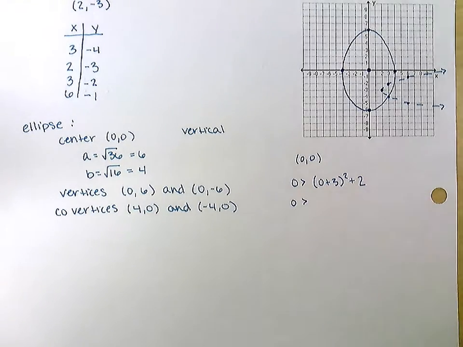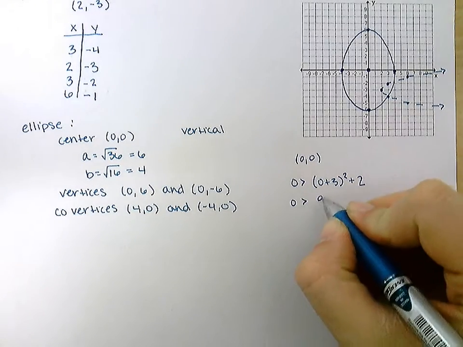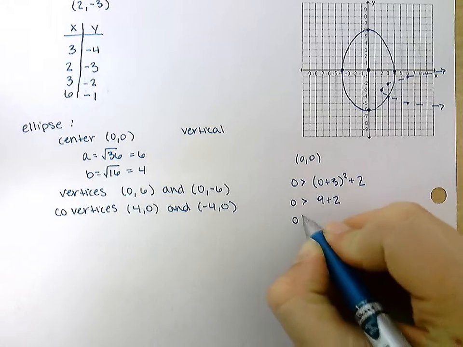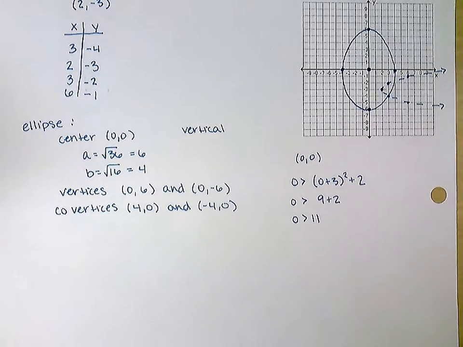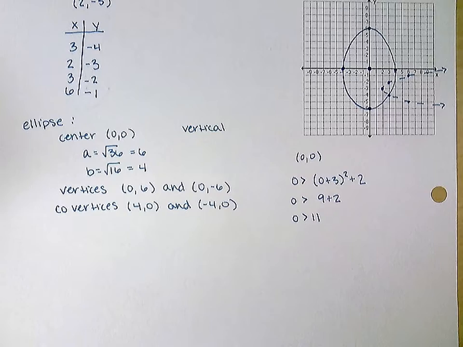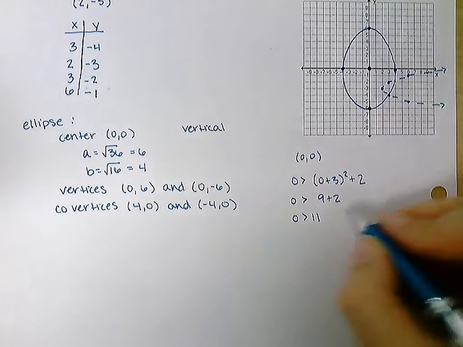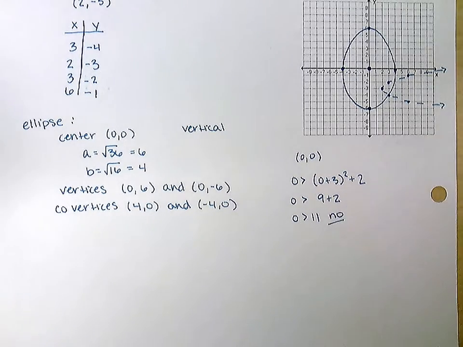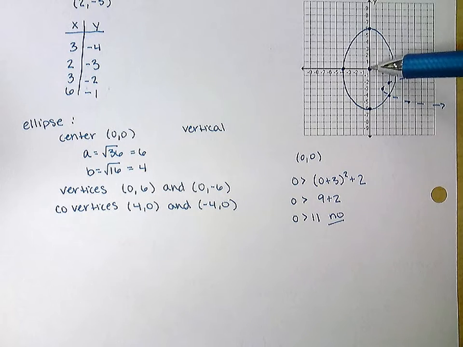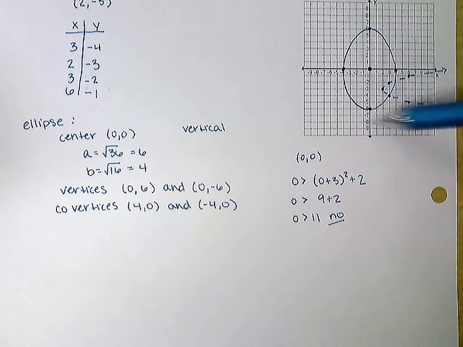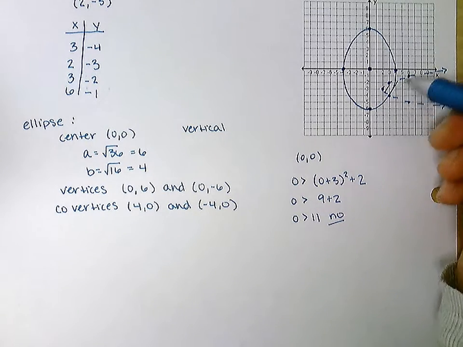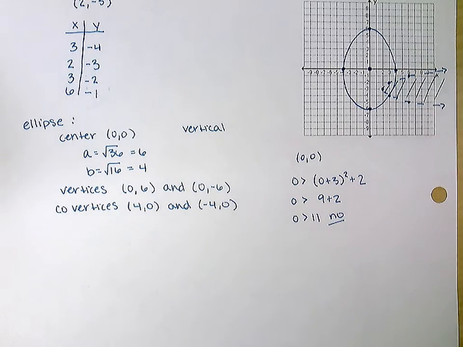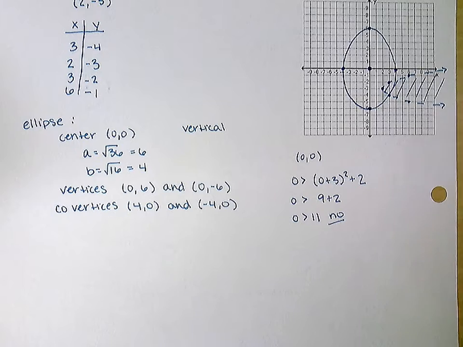Okay, so 0 is greater than 9 plus 2, which is 11. Okay, that is not true. No. So since (0, 0) was on the outside of that parabola, I'm going to shade on the inside of the parabola. Again, just lightly.